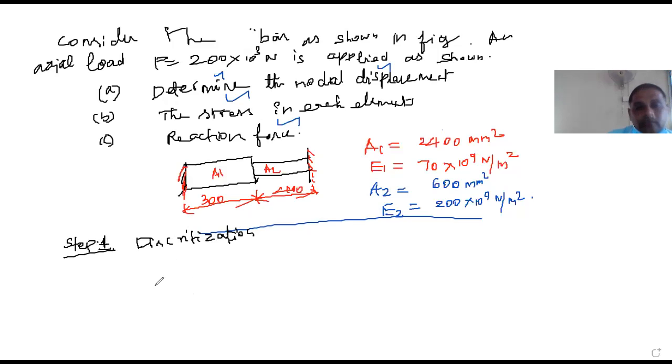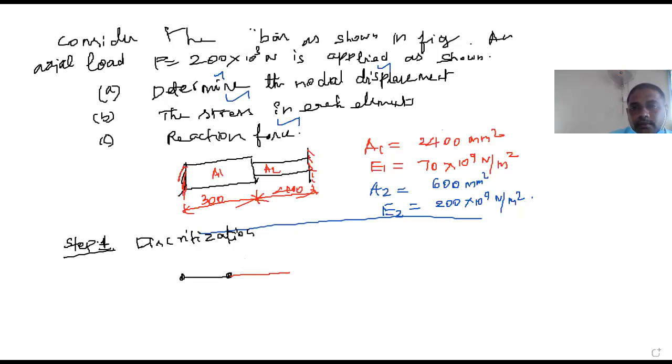Depending upon the shape and the material, we require two different subdomains. So that's why we are going to split into two different subdomains. This is one such subdomain, and this is another subdomain.